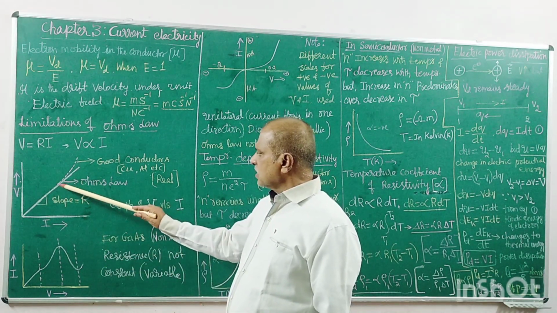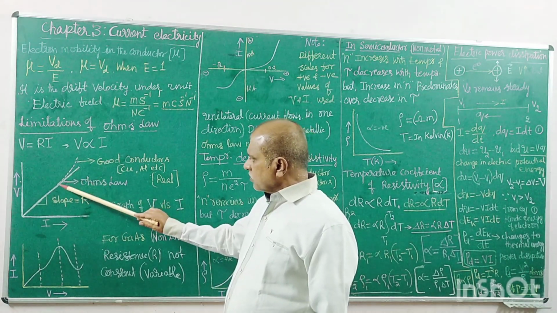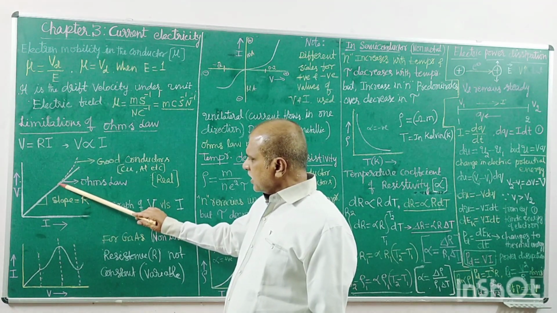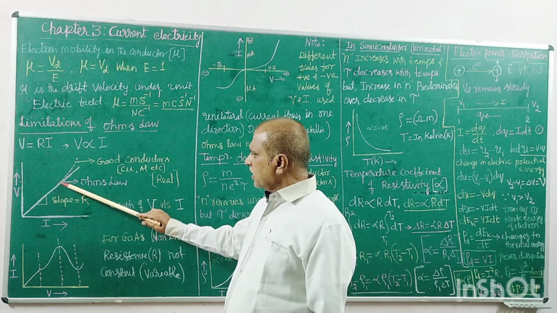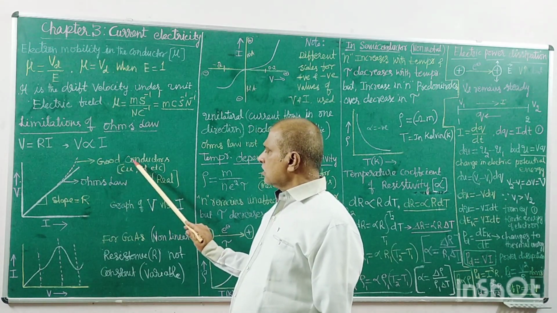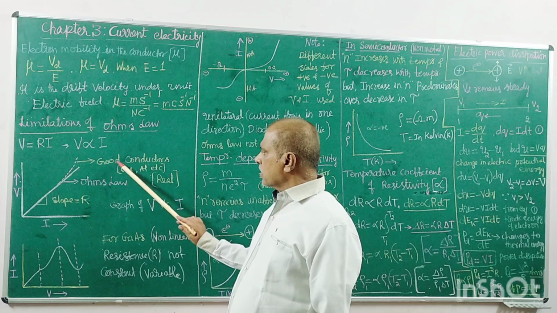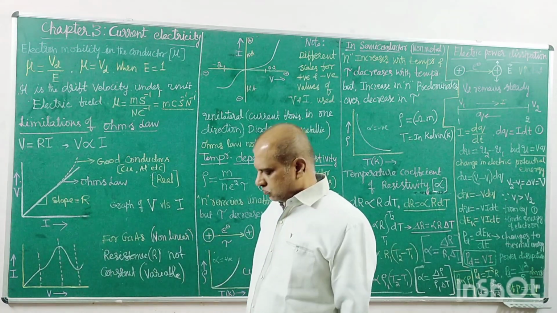This graph, a straight line, shows the ideal Ohm's law. But here, the graph is a straight line up to a point, then it gets deviated. No linear relationship, no straight line, it is a curve like this. This is for all good conductors of electricity, for example copper, aluminum, like that.